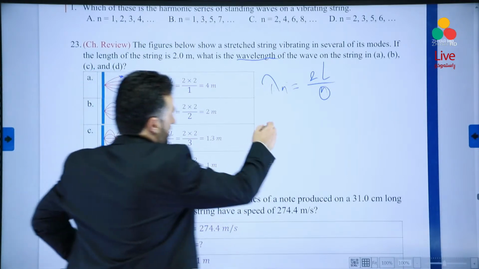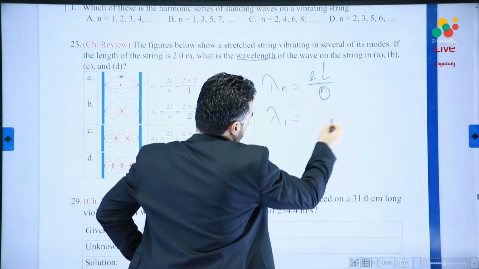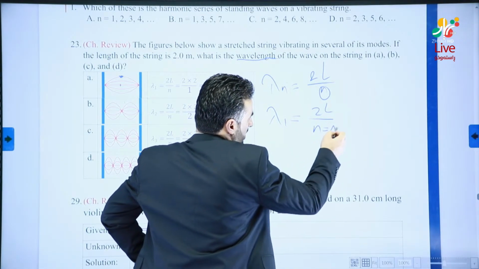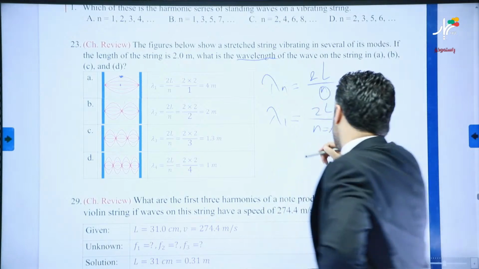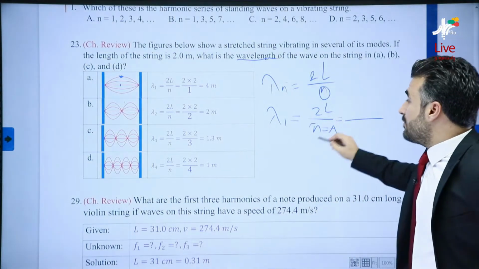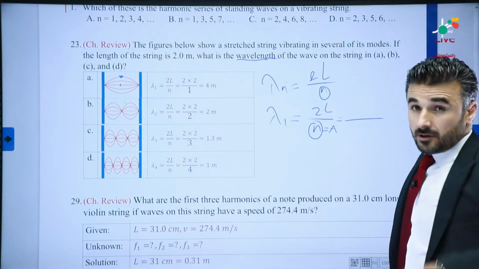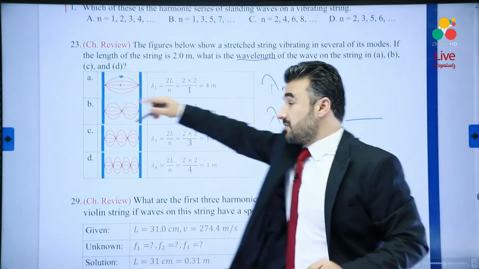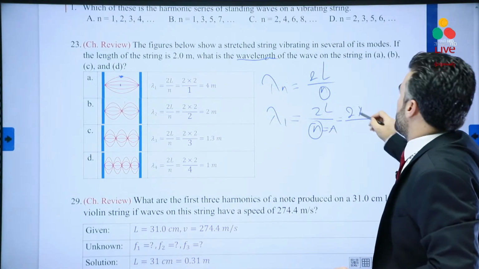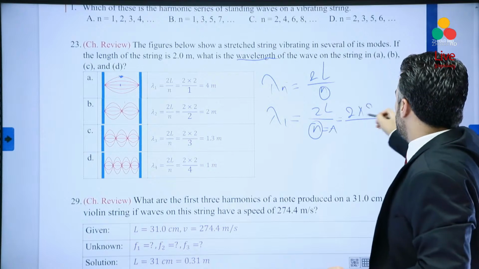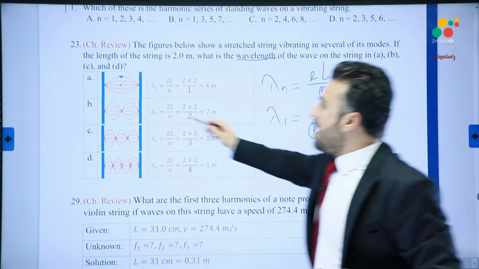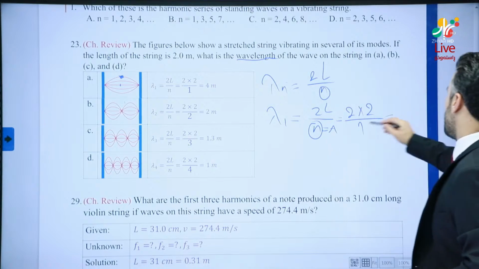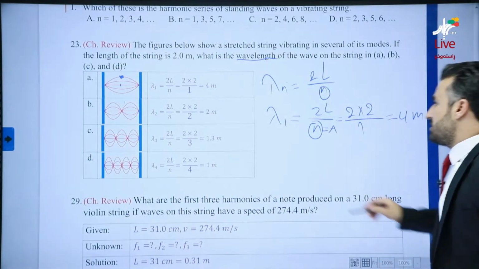We said the wavelength of the first one equals 2 times the length divided by the number of harmonics, which is the same as the number of antinodes here. So 2 times the length. The length is 2 meters, divided by how many antinodes do we have? That is 1. So 2 times 2, that is going to be 4 meters. That is the first one, yeah?